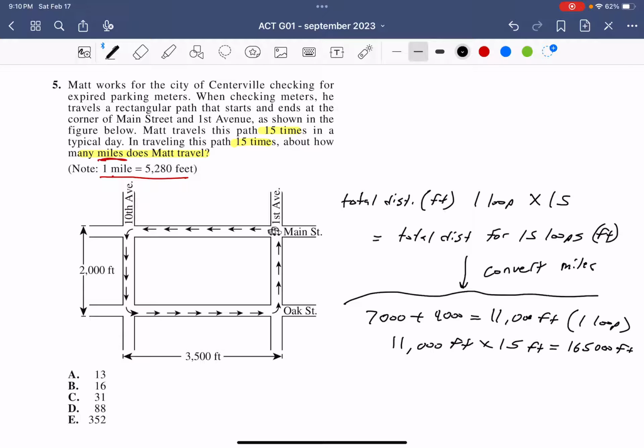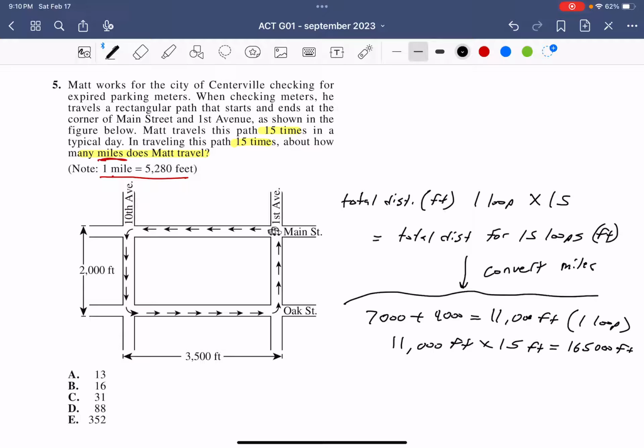Now we're on the second part, where now we're going to go ahead and convert into miles. So what we're going to do is you could do a proportion for this or you can write it from left to right using dimensional analysis. I think setting a proportion up is typically easier if you're just doing a single conversion.